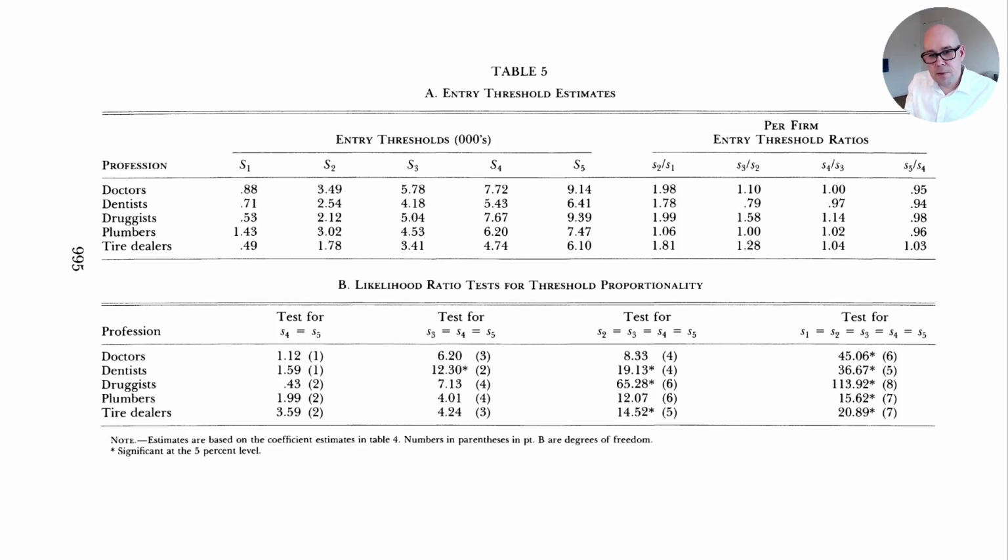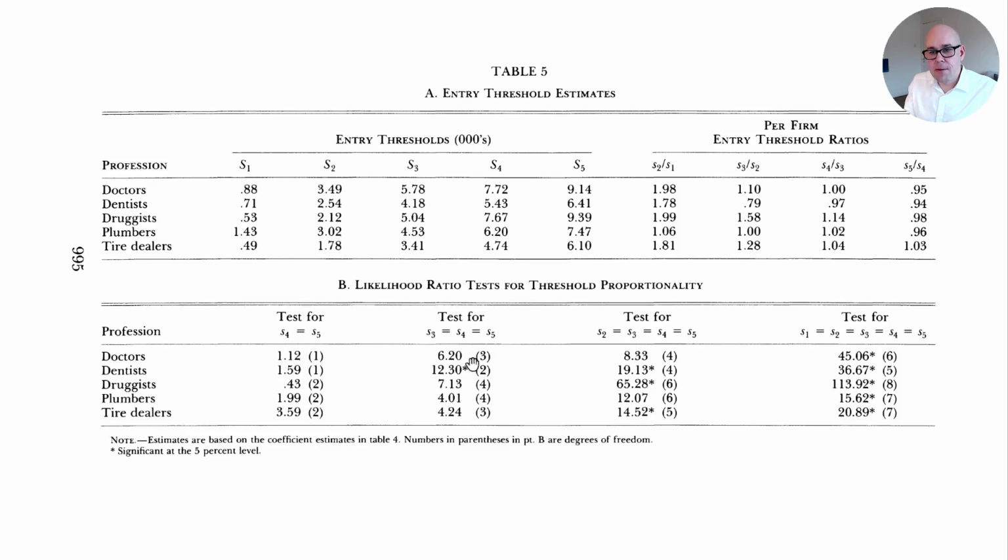Good. So what they do is they also do tests. They do likelihood ratio tests for equality of these per firm entry thresholds. So this tests basically whether we have equality to 1.